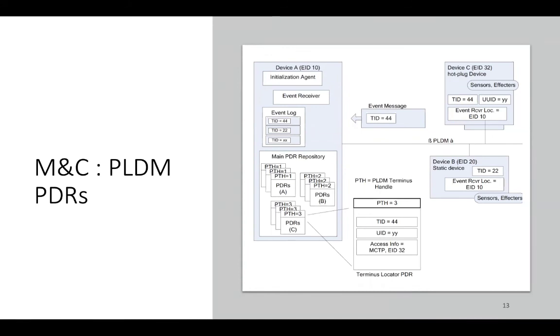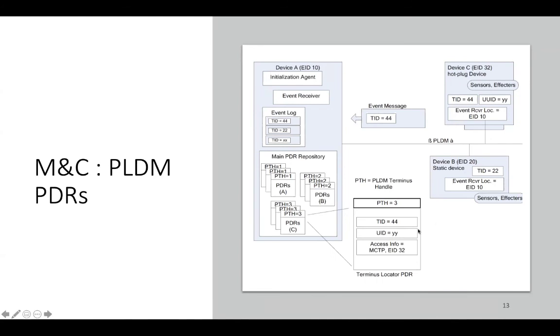I think conceptually this is similar to an IPMI SDR in the sense that PDRs are metadata that help you describe things like units in the case of a temperature sensor. They also help denote relations between PLDM entities. We'll look at specific examples in the next slide.